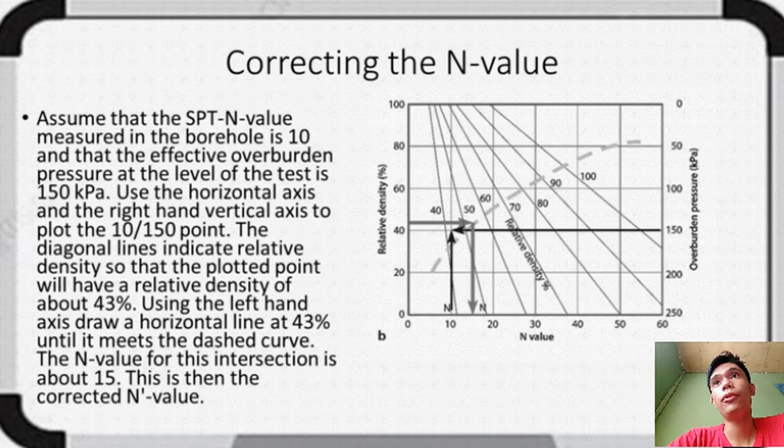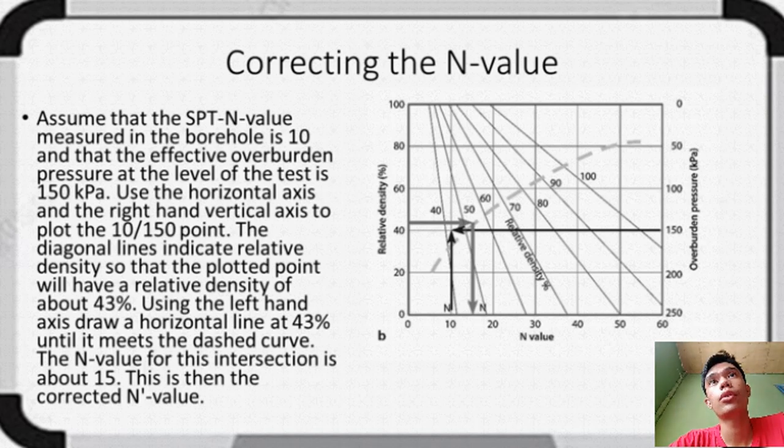Then, using the left hand axis, draw a horizontal line at 43%. Since we have seen that the given relative density is 43%, we will base it on the relative density on the left side of the graph.